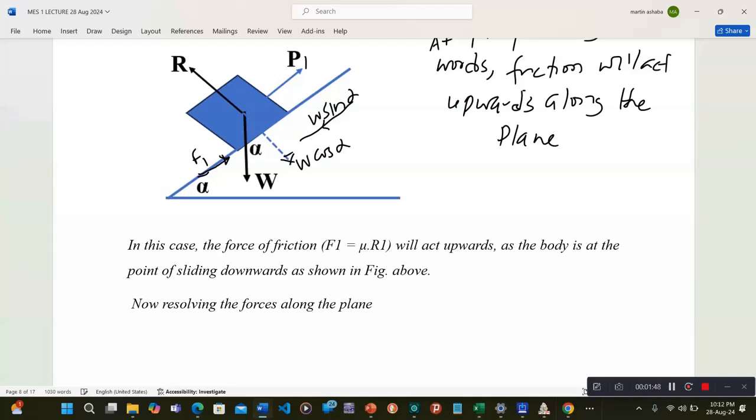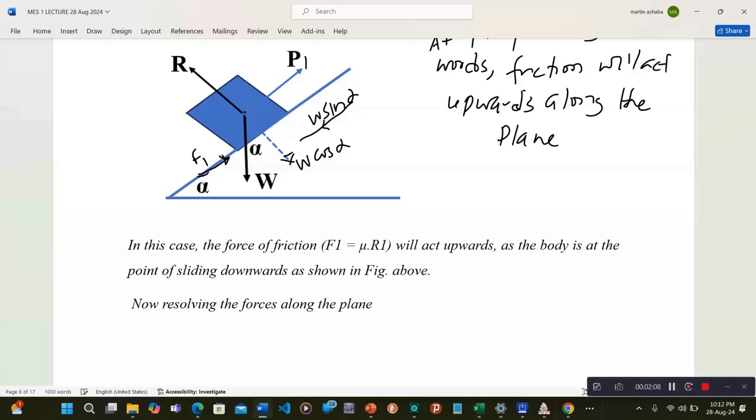If we extended the line of action of R, it is going to experience an equal and opposite force due to this weight. The weight results in an action on the surface where it is resting.